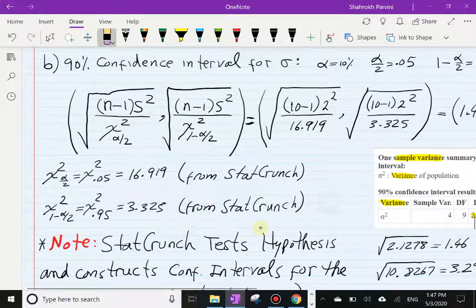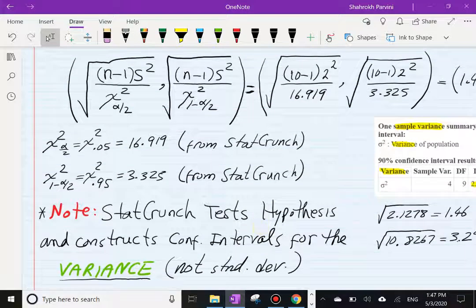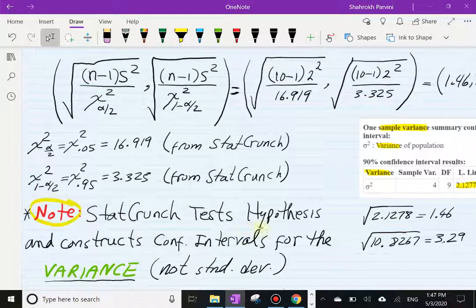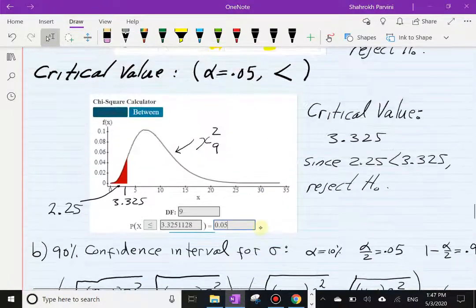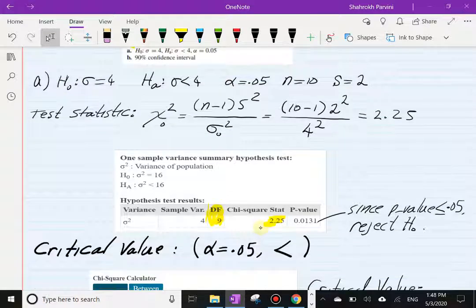And I have it as a note for you here. I'm hoping you can again pay attention to this part. This is an important note we have. StatCrunch does inferences for the variance, not standard deviation. All right, now what I've done here, let's actually go back and do these outputs that I got for hypothesis and confidence intervals.